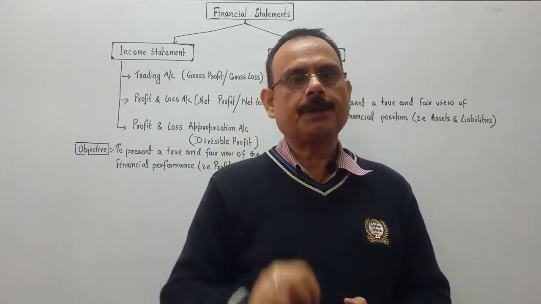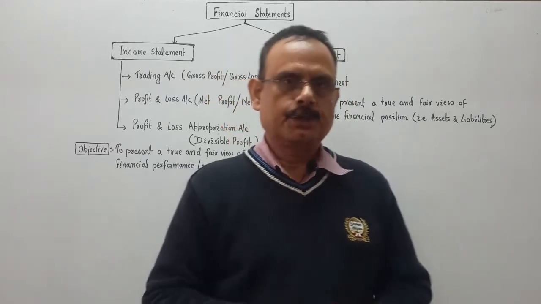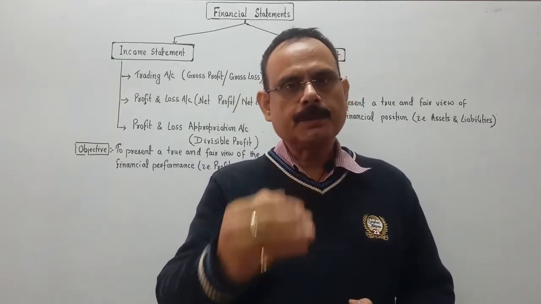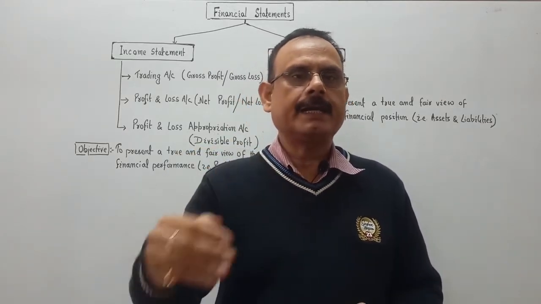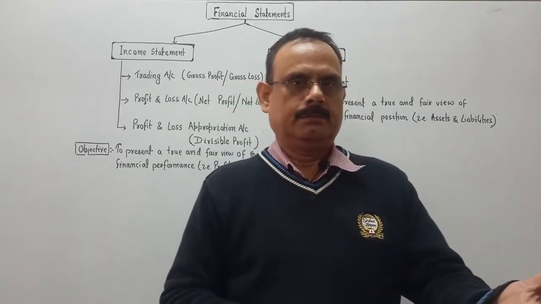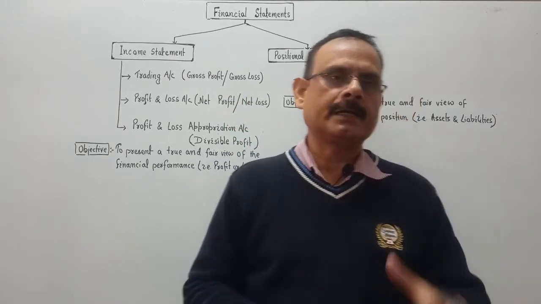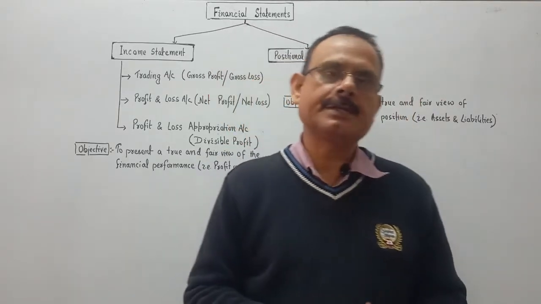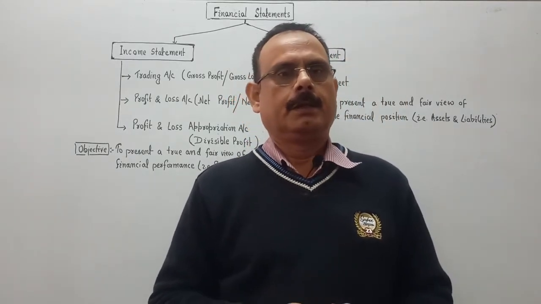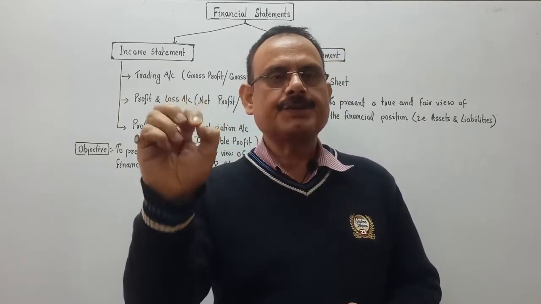After knowing the profit, we allocate the profit by creating various reserves to meet future uncertainties, and the rest of the profit will finally be distributed among the owners. That means if it is a partnership form, to the partners; if it is a sole proprietor, then the sole proprietor; and if it is a company form of organization, to the shareholders. So for that we prepare the profit and loss appropriation account.